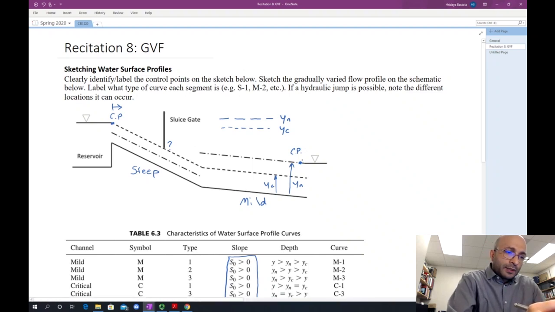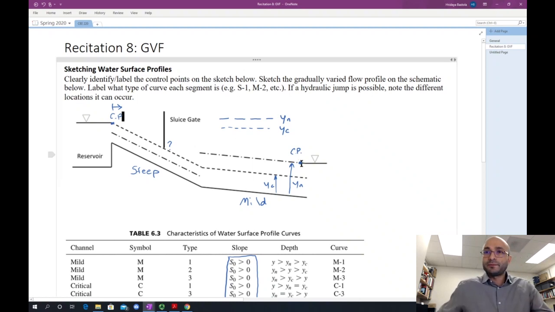For a mild channel, the disturbances do travel upstream, so our water surface adjustment is going to be upstream from the downstream location, or the downstream control point.